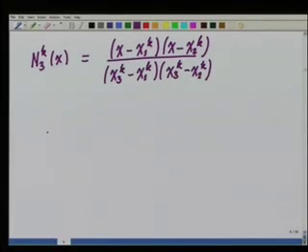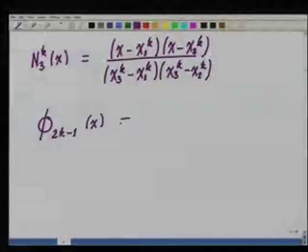If I look at the function phi 2k minus 1 of x, where is this function? We have to differentiate between the 2 things. This function 2k minus 1 corresponds to an edge vertex, that is a node which is shared by 2 elements. That is, if k is 1, it is 1, so it is 1, 3, 5, 7, 9. This function has to be non-zero in the 2 elements sharing that node.